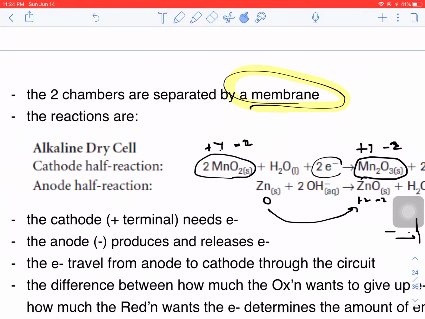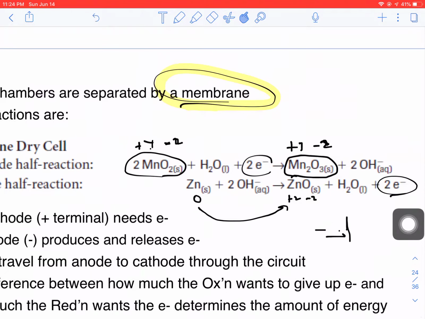And for each of those reactions to happen, if the manganese dioxide doesn't get electrons, it can't react. It can't turn into product. So it will sit there until it gets electrons. If the zinc and hydroxides can't get rid of the electrons that they produce, this reaction stops too, and the zinc will sit there.